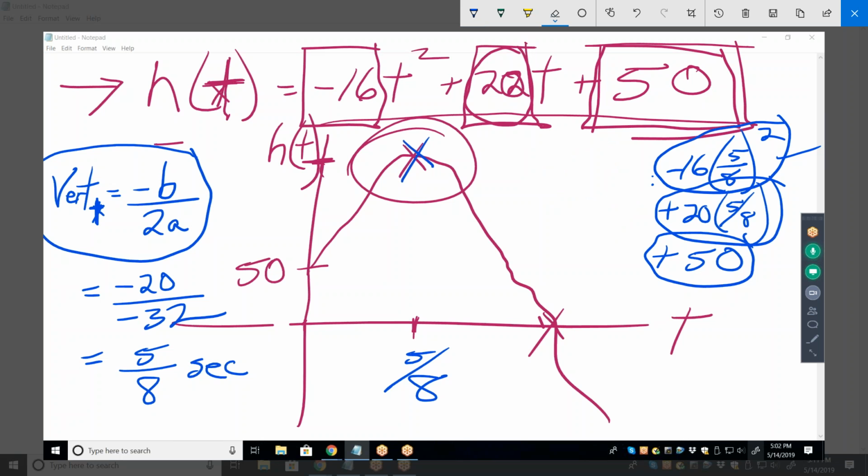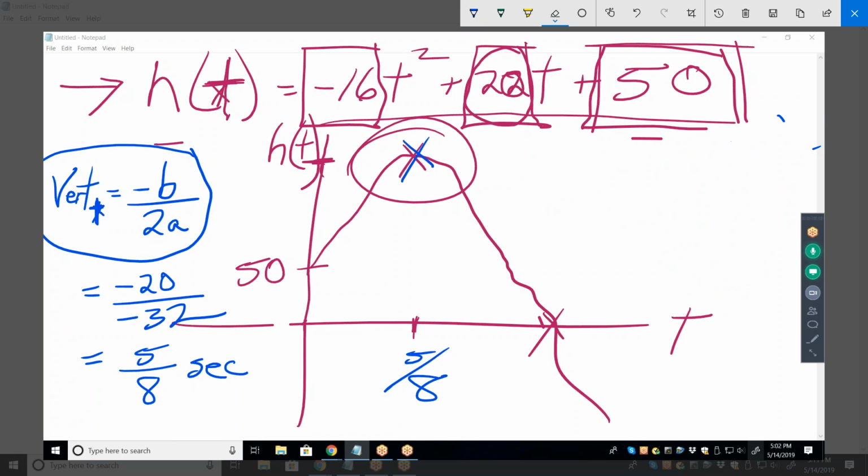So the second part of the question says, when does it hit the ground? Okay. And they want the time it takes to hit the ground. What is true right there about height?